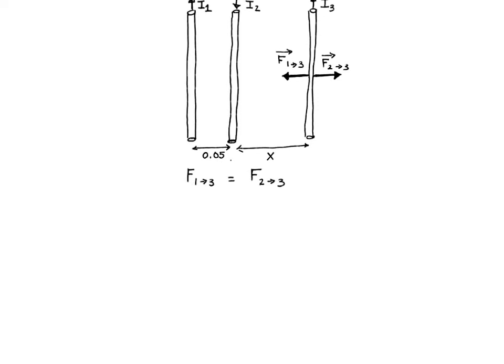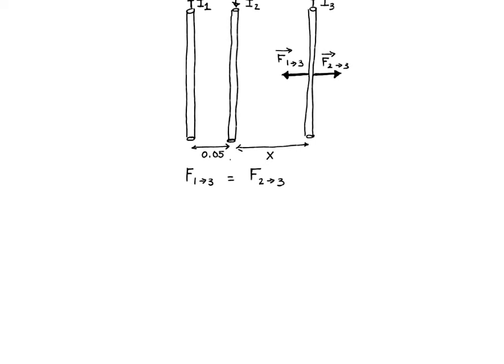For example, if you're talking about the force that 1 exerts on 3, wire 3 feels the force, and wire 1 is the one that is creating the magnetic field. So it's going to be I3 L B1 sine theta, where theta is the angle between the magnetic field of wire 1 and the current I3.